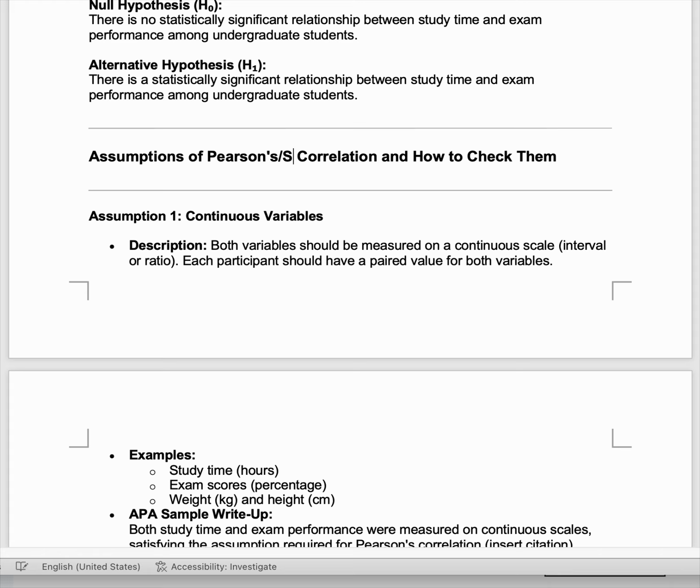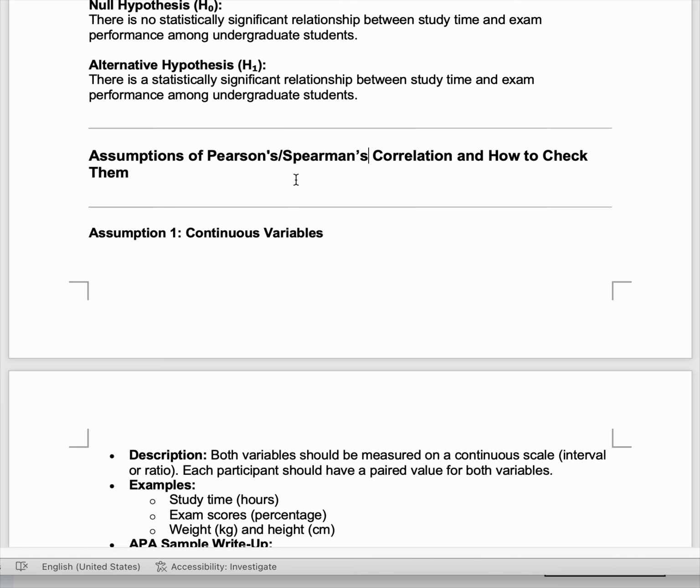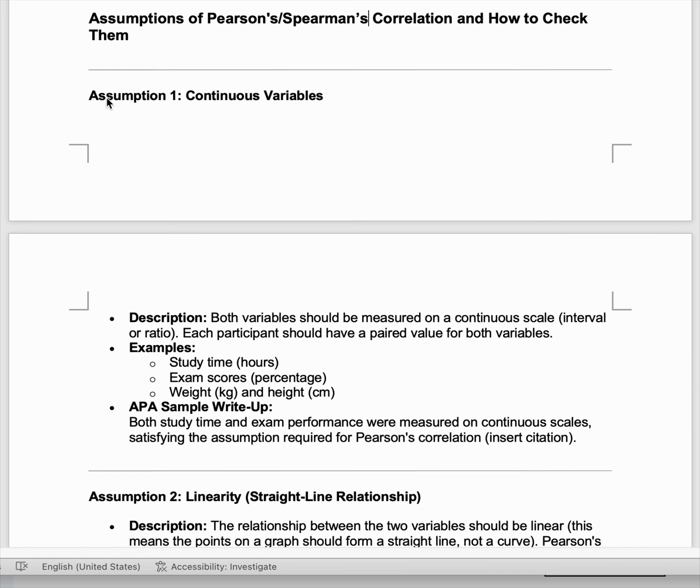Now we're going to look at the assumptions for Pearson versus Spearman correlation and how to check them. For the first assumption, there's nothing to do in SPSS. You're just saying that these are continuous variables. What I mean by that is they are scale variables within SPSS, which means they are numbers, they are quantitative, they are not categories.